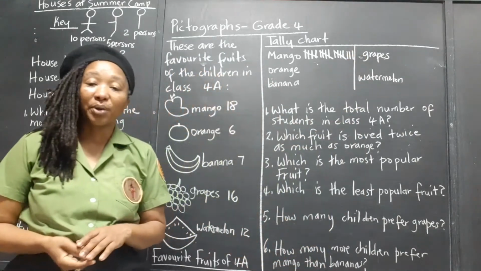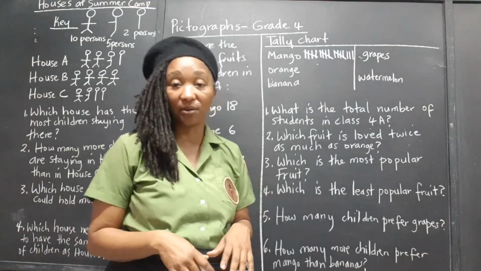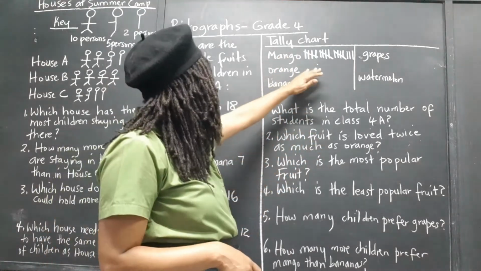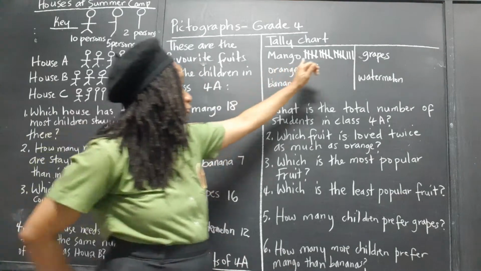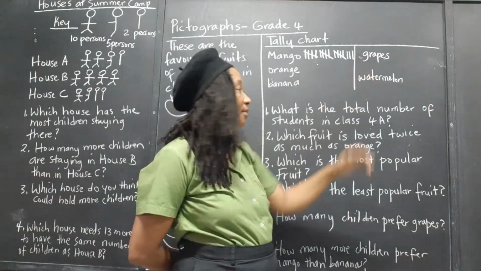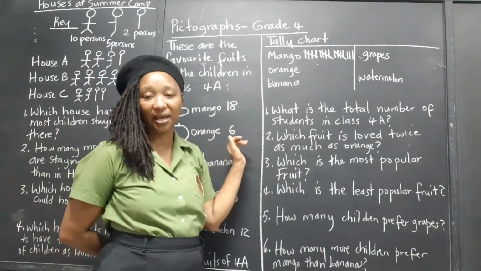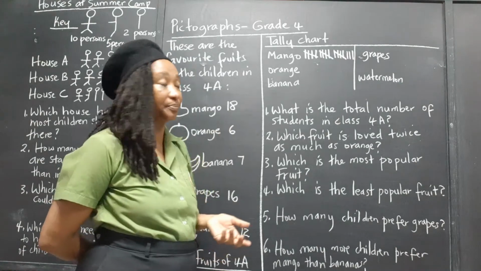So that's how we would represent the number of students who prefer mangoes on the tally chart, 18. So 3 groups of 5 plus 3 more. How about orange? 6 students say they prefer orange.